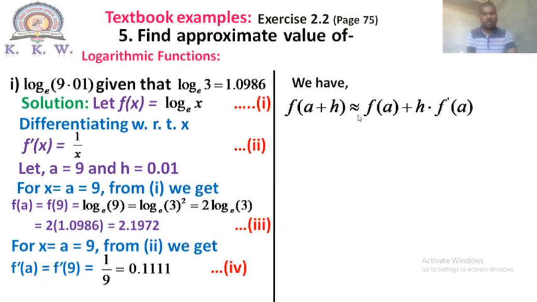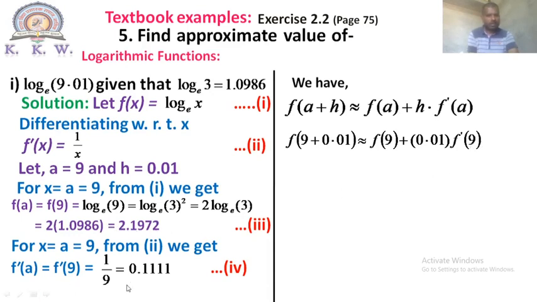Now put this value in the formula of approximation: f of a plus h approximately equal to f of a plus h into f dash of a. Therefore, f of 9 plus 0.01 approximately equal to f of 9 plus 0.01 into f dash of 9. F of 9 is 2.1972.